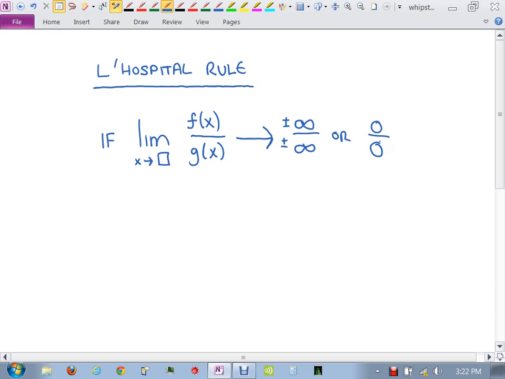L'Hopital says if you ever get limits that look like this, then if the limit exists, it's equal to, so he's saying, look, if you ever get infinity over infinity or 0 over 0, then if you can get an answer, instead of looking at that limit, you can look at this one.